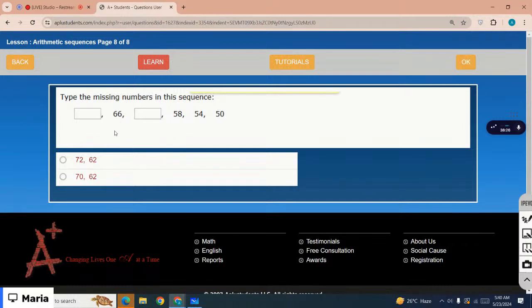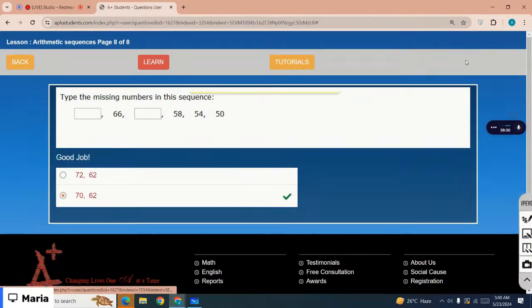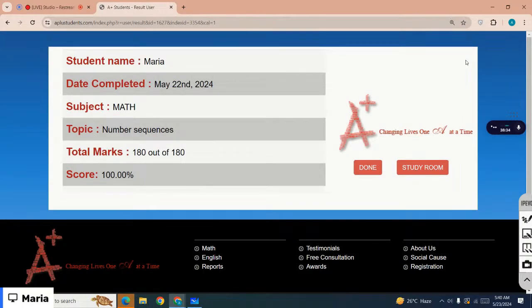That is 62, 70, and 62 is the correct option because the pattern is decreasing by 4, right? So 66 minus 4 is 62, and 66 plus 4 is 70.